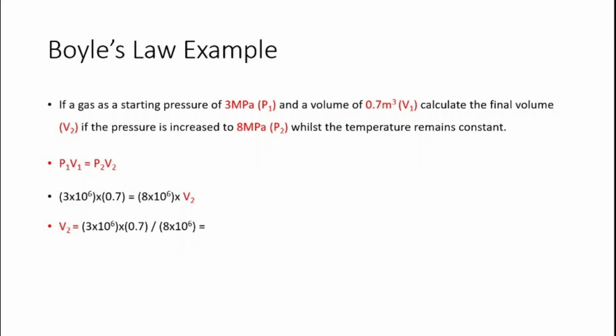If you increase the pressure, the volume comes down, which makes sense, because you've got a smaller volume, which means the pressure goes up. Temperature remains the same. That's an example of Boyle's law.